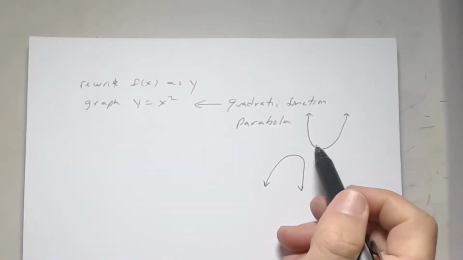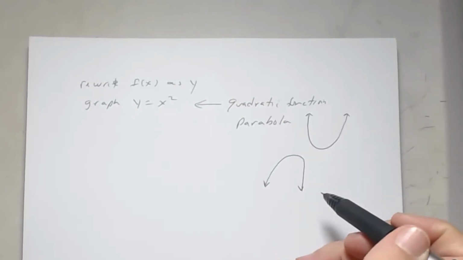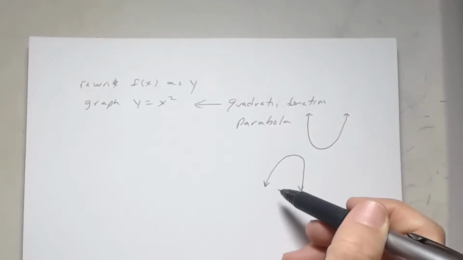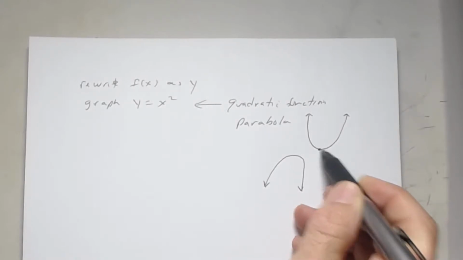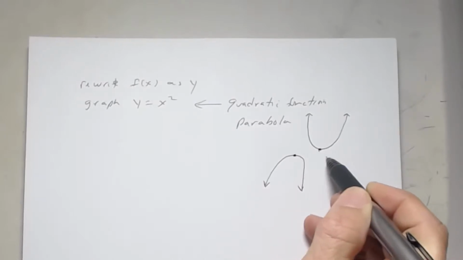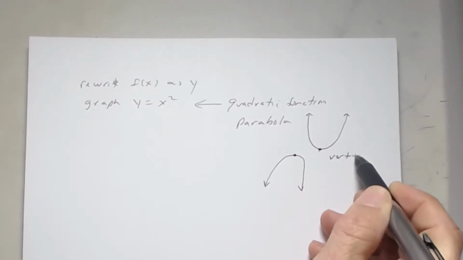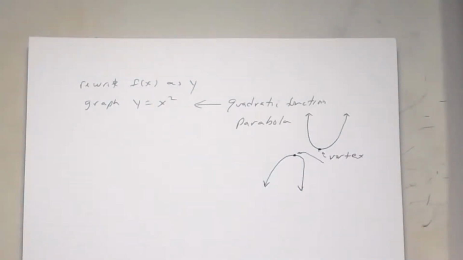Now, next semester you can learn a lot more about this because you will learn about the axis of symmetry and how to find it. But this low point right here, and this high point, that's called your vertex. So a quadratic function, when you graph it, always has a vertex.